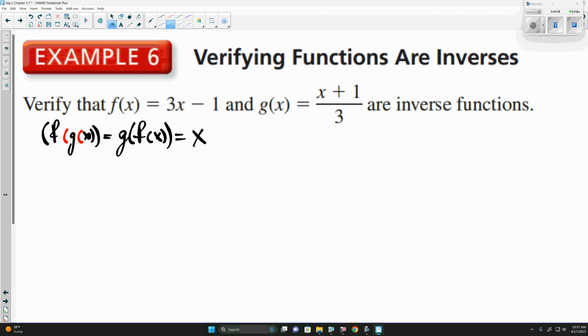If they give us something other than x, they're not inverses. So it doesn't matter if they both give us a value of 14x, they are not inverses. It has to equal x.